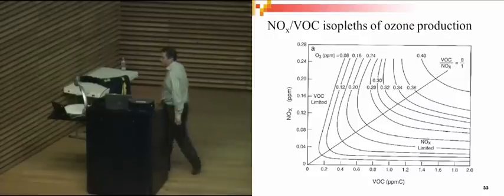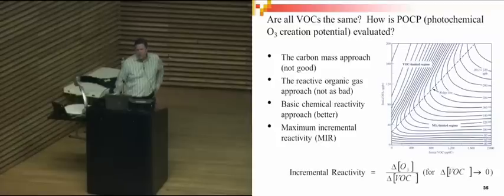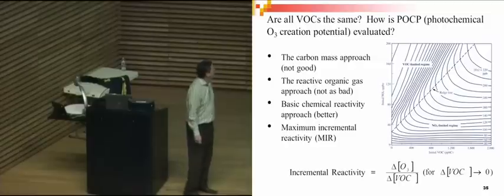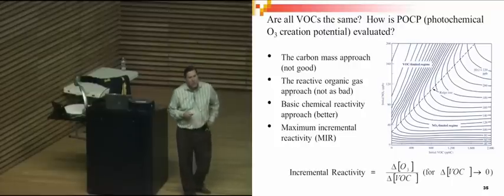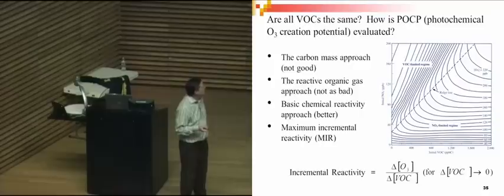We can use these models to decide how to address a given ozone concentration. In this model, we've identified what's called a ridge line, and it divides where we are in ozone concentrations with respect to NOx versus VOCs.